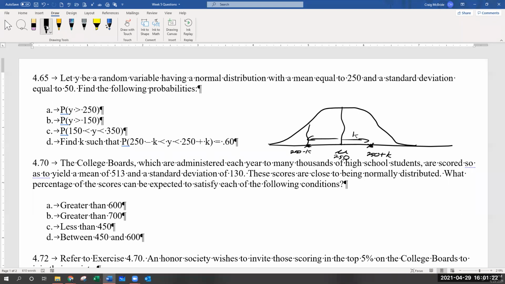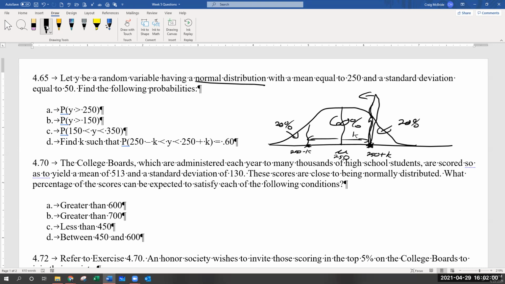All of this area is 60% of your data, which means you're left with 40%, putting 20% here and 20% here, because in a normal distribution we have this nice symmetry. So if there's 20% here, I know from the upper bound down I've got 80% below it, or from the lower bound I've got 20% below it.